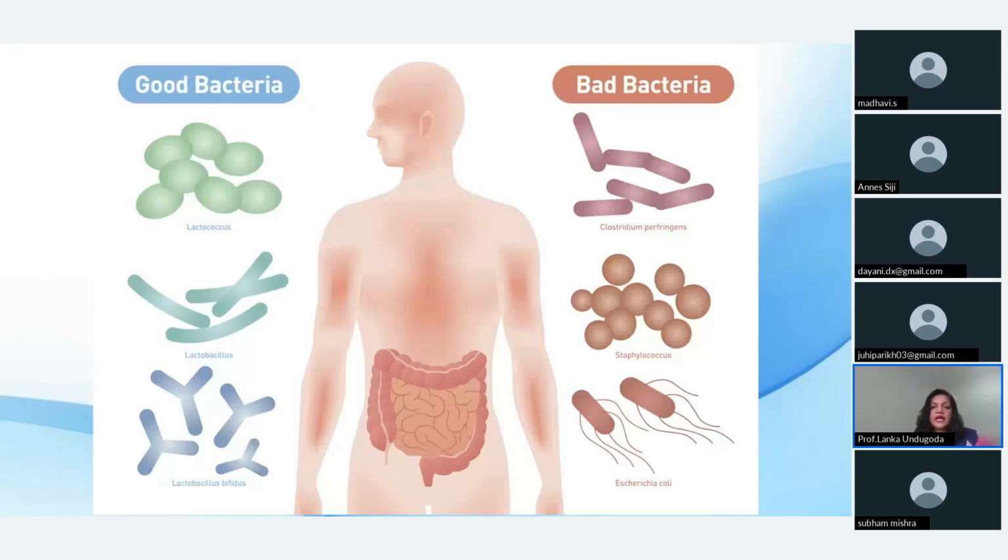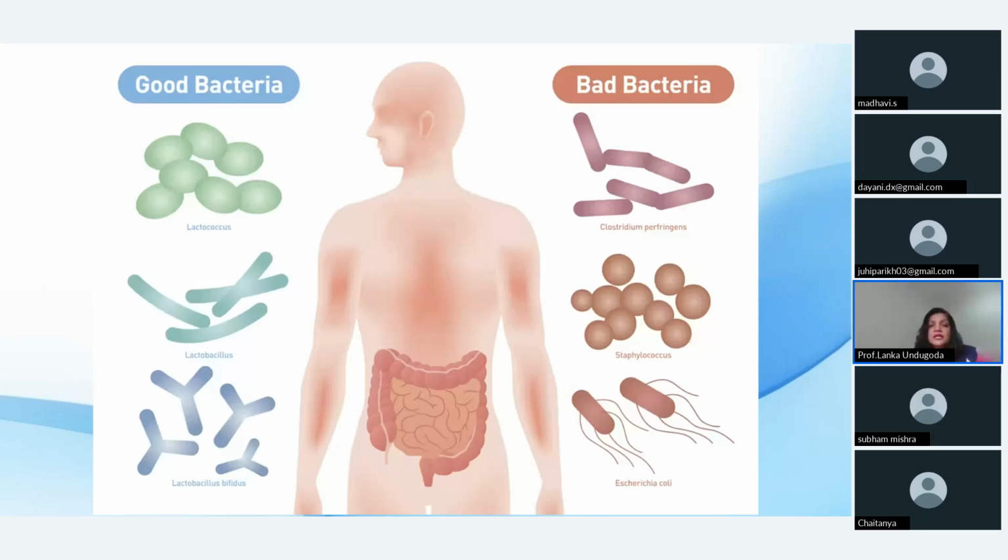Imbalance means the colonized bad bacterial population inside your gut increases compared to the good bacteria. At that level, you are not healthy, you get infected with some sort of disease and infections, and genetic disorders can also come your way.